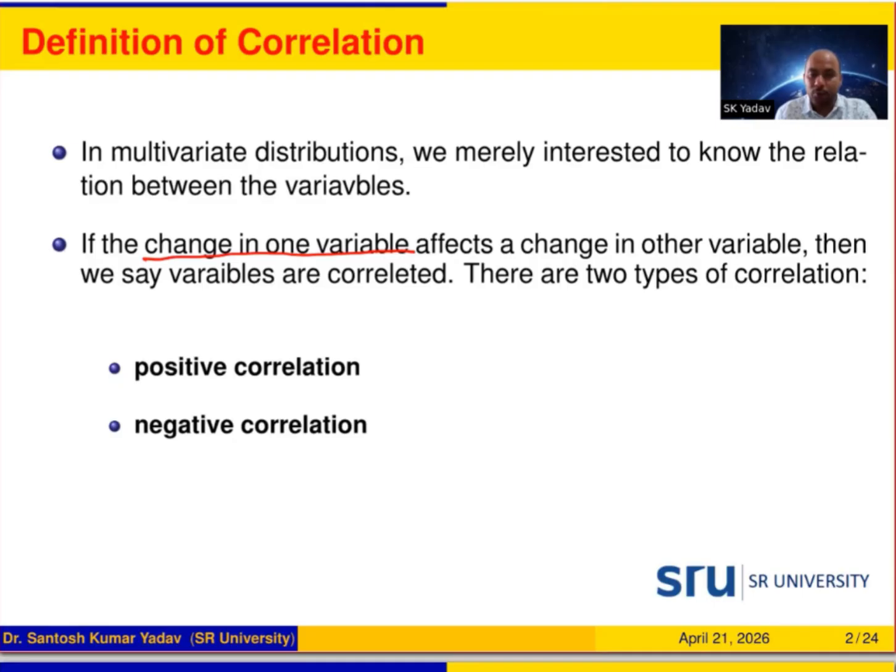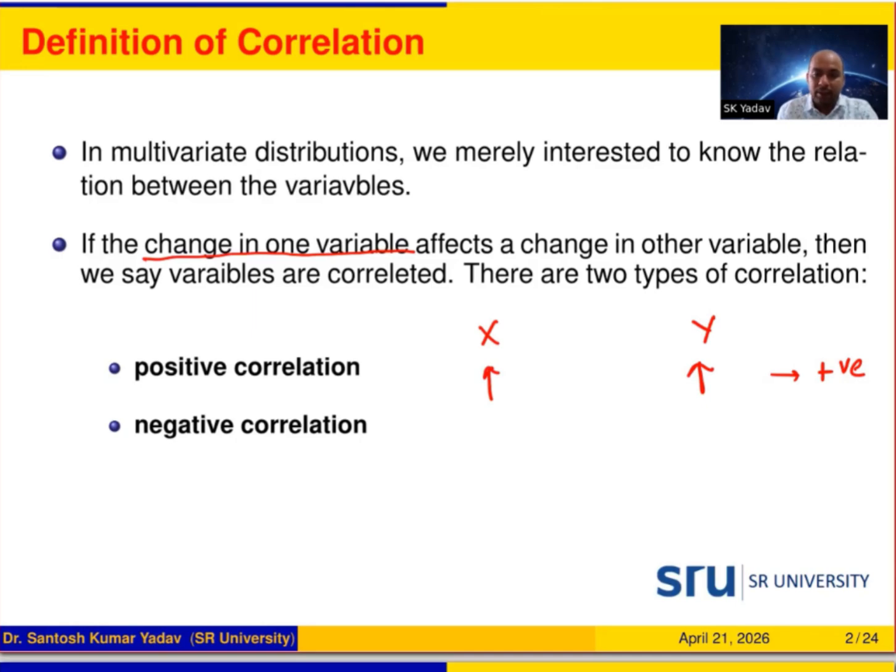If I have two variables here, x and y, and there is an increase in variable x and there is also an increase in variable y, then we say that it is a positive kind of correlation.